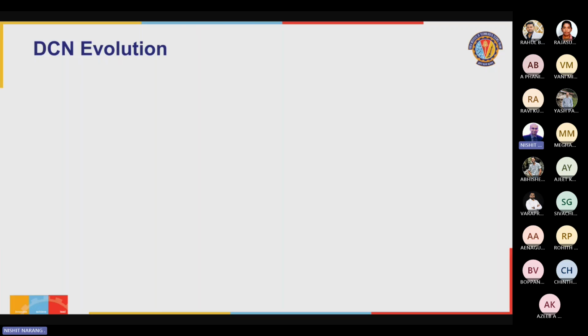But with the advent of virtualization technologies and the virtualization of all forms of resources that exist in a data center, servers, storage, we entered into an era which we today see as the cloud computing era.